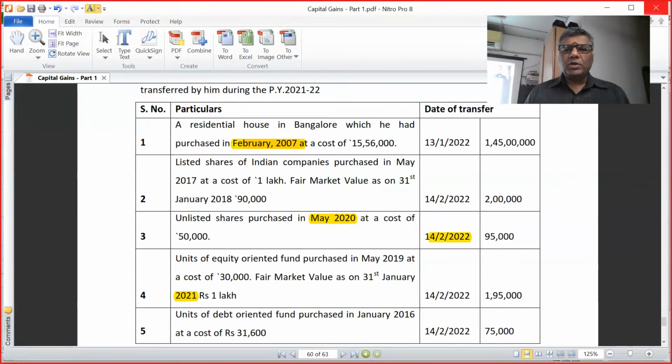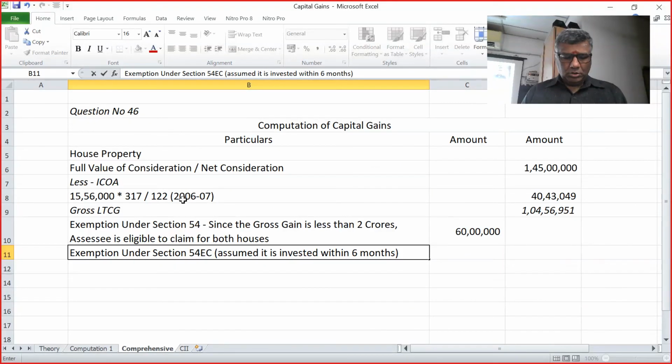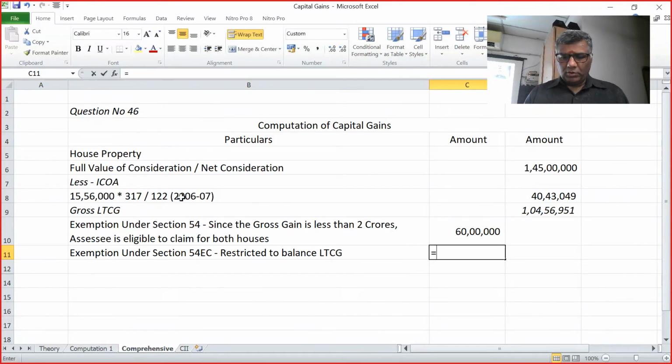It is sold in January 22, so no assumption. It is invested. Restricted to balance capital, balance LTCG. Though you can claim up to 50 lakhs, LTCG itself is only 44 lakh 56,951 balance LTCG.